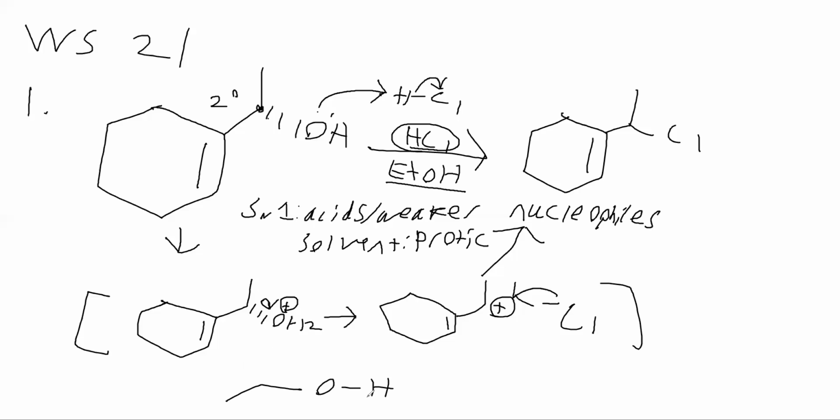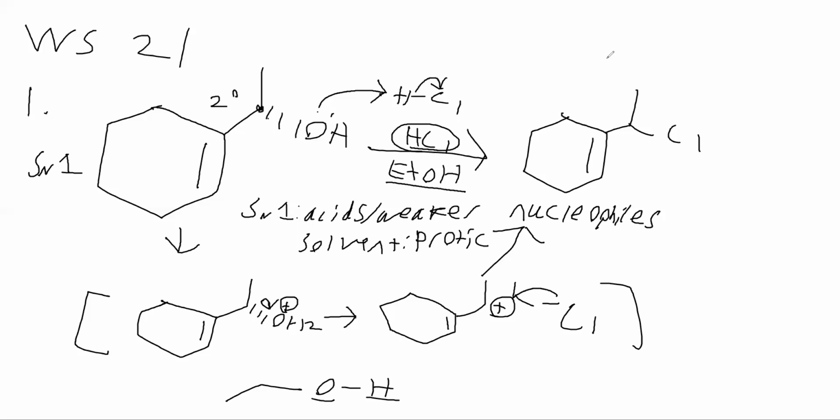This is just ethanol, and there's a hydrogen attached to an oxygen. And what makes it protic is this can do hydrogen bonding and stuff with other things. And this has a sort of stabilizing effect for SN1 mechanisms that you don't have to worry too much about, you should just know that a protic solvent is good for SN1. So the nucleophile is an acid, which is good for SN1. The solvent is protic, which is good for SN1. So this does an SN1 mechanism.